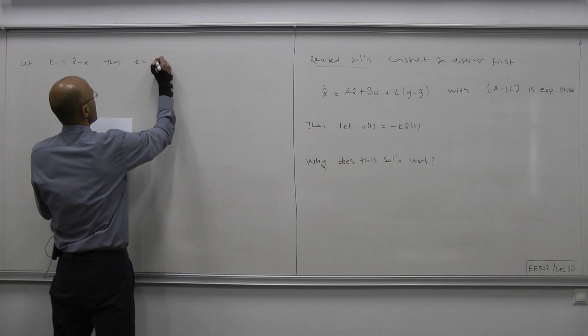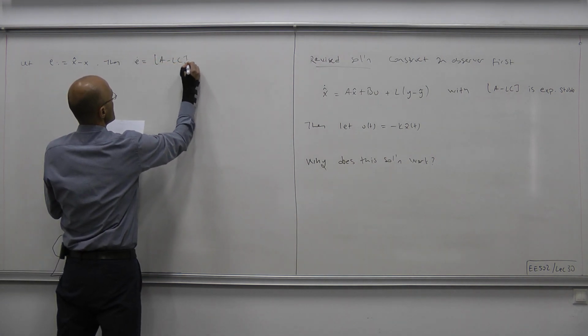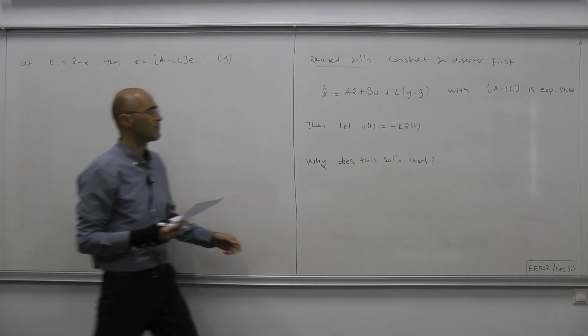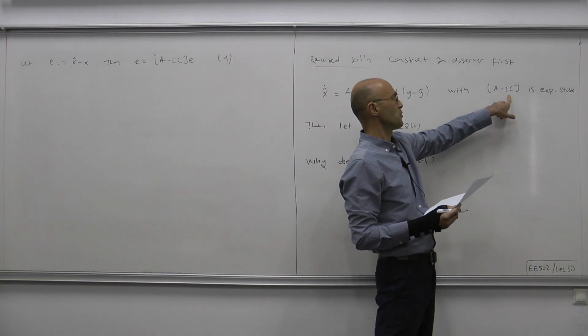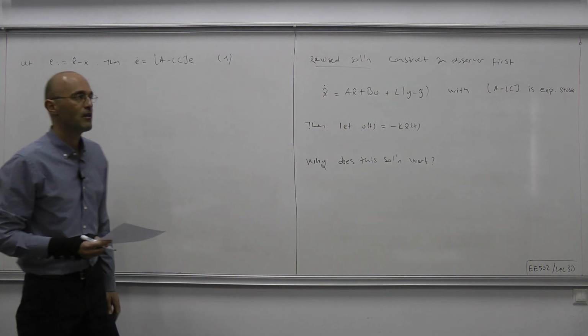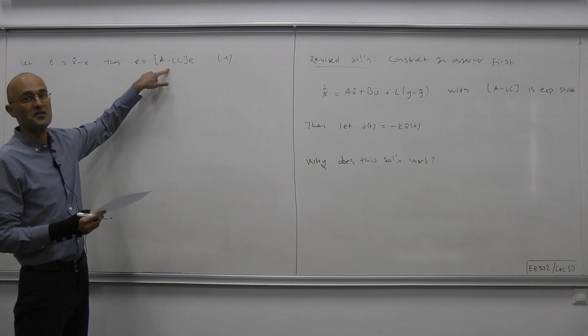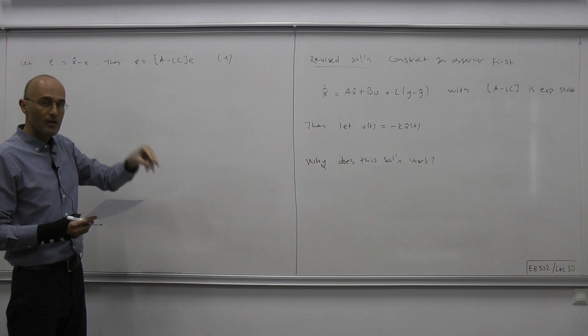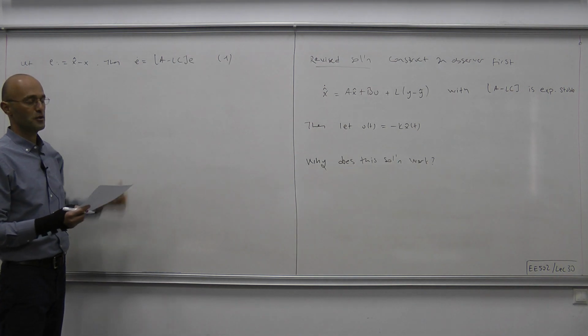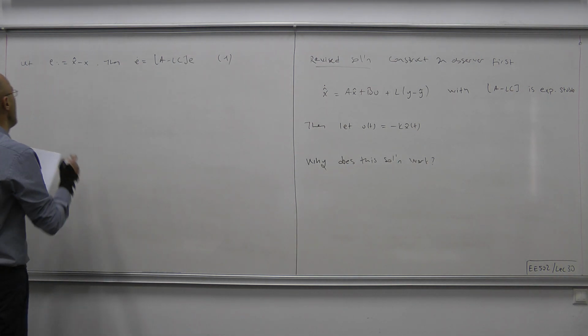So e dot equals A minus LC times e. This is our equation 1. And L, the observer gain, is chosen so that A minus LC is exponentially stable. Therefore, this equation 1 tells us that the error is converging to 0 exponentially.